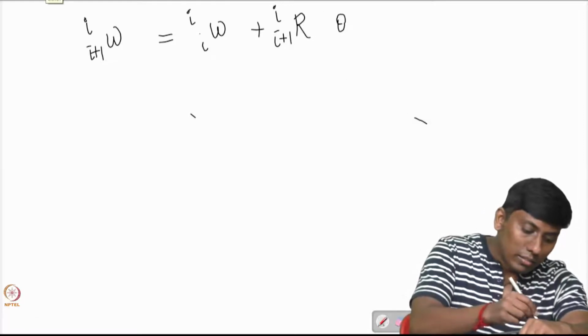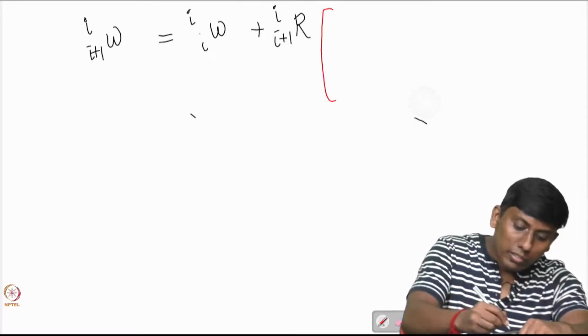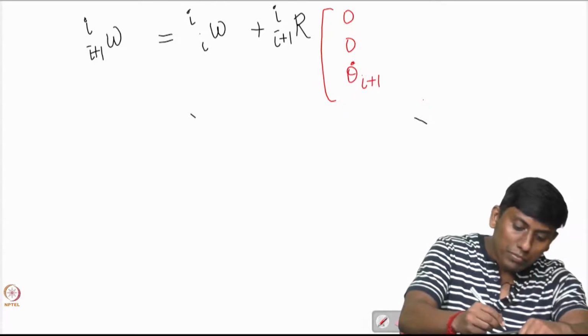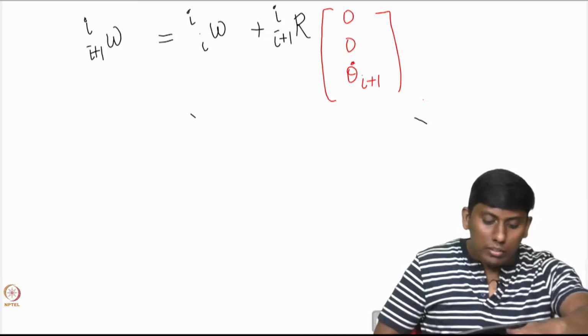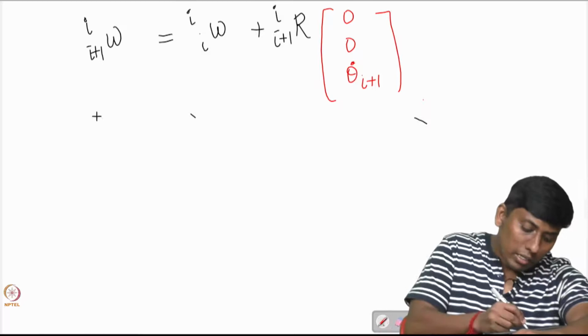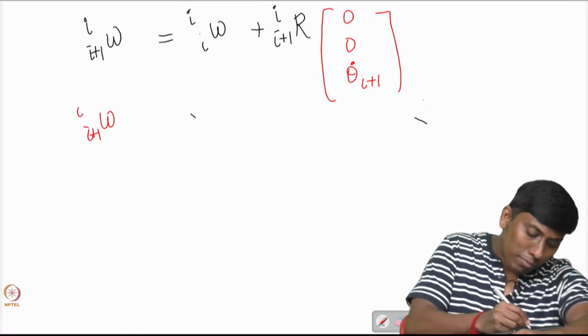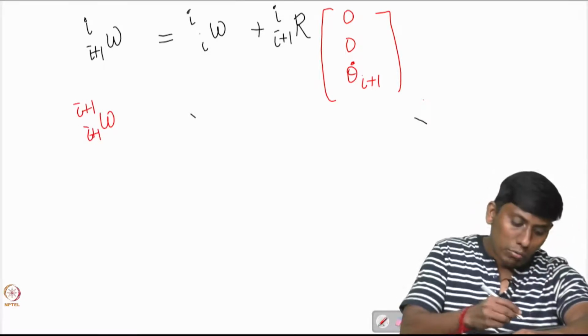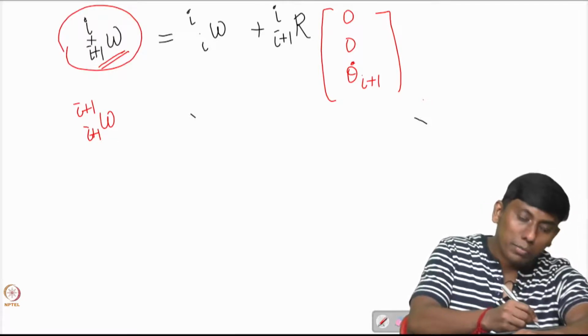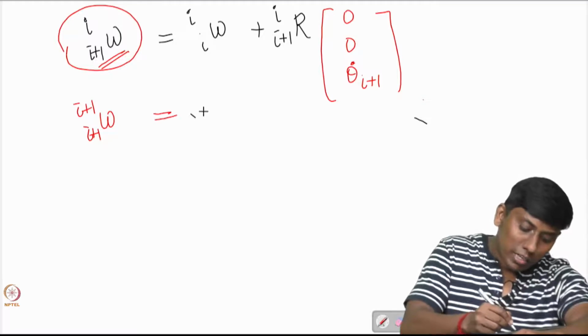I'll put that as 0, 0, theta dot I plus 1, right. Now this information I know. What I wanted was I plus 1 with respect to I plus 1. For that, I have the angular velocity information of I plus 1 with respect to I. Now I just convert that from the previous frame, in the sense, I just multiply this with this.